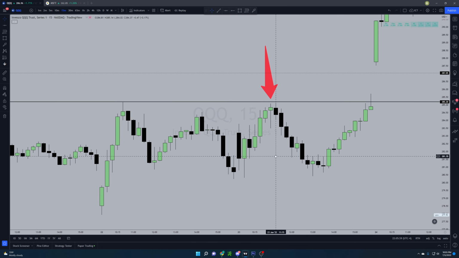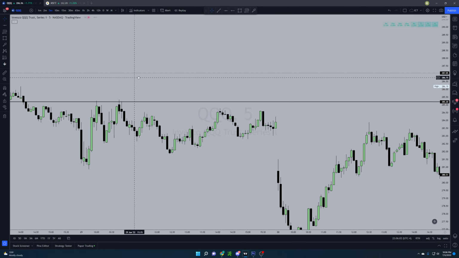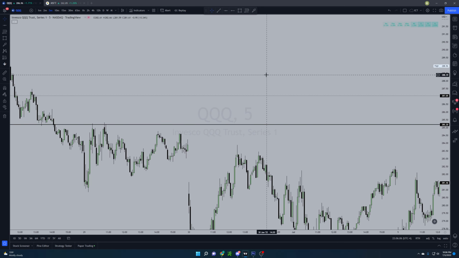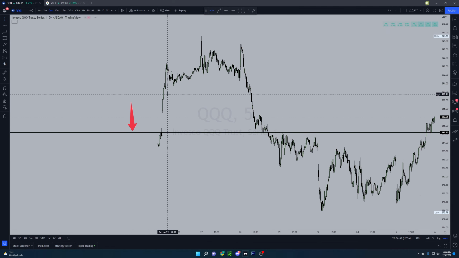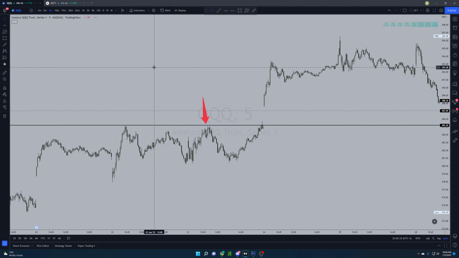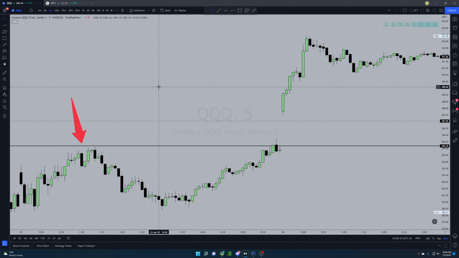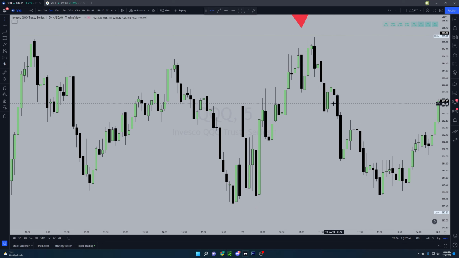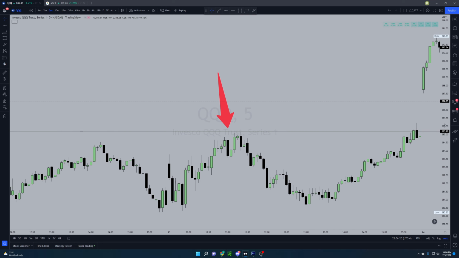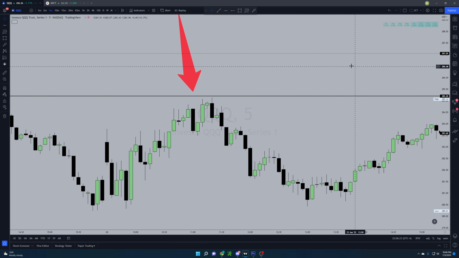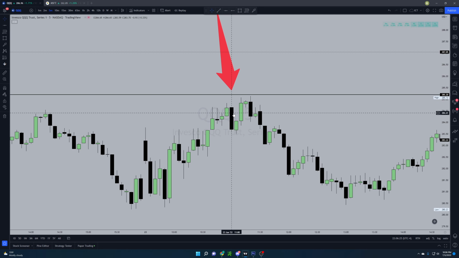So this is where reading price action comes in. You can either drop down to super small time frames and break it down candle by candle, or you can do a little higher time frame. We'll do both here. So check this out. We're coming up to our resistance up here.